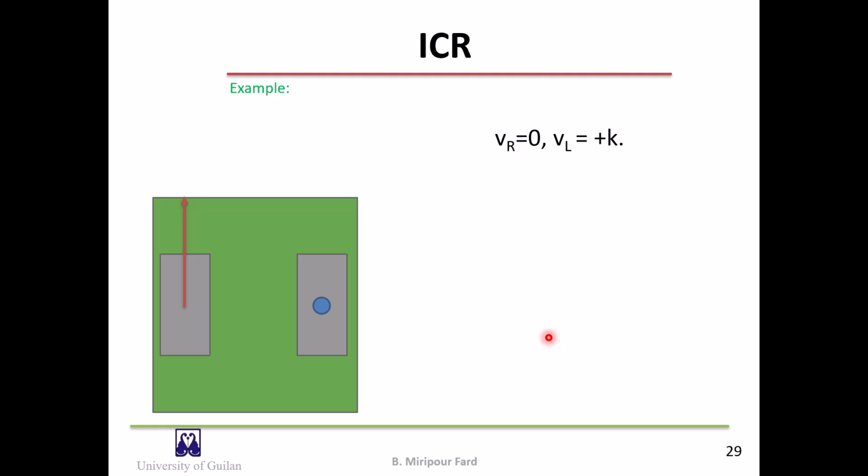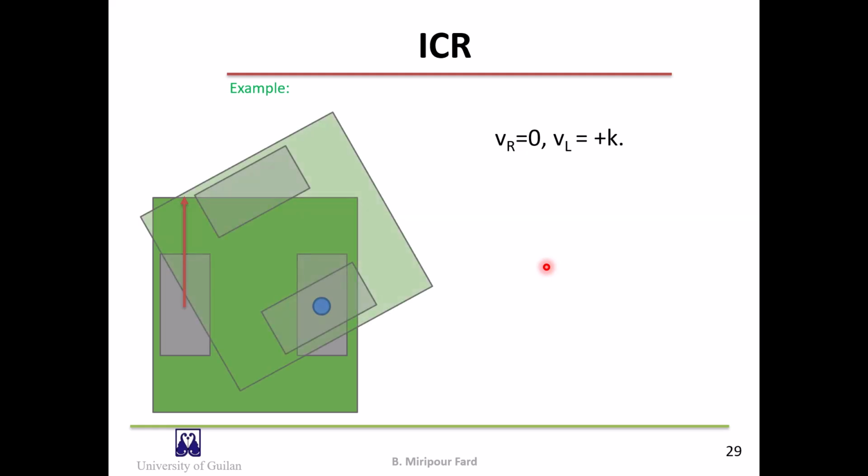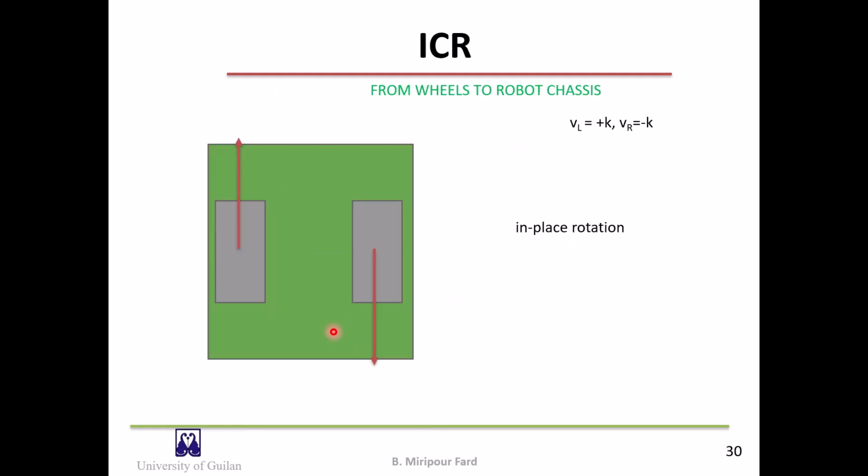Suppose in the case of a diff drive robot, the velocity of the right wheel is 0 and the velocity of the left wheel is constant k. In this case, the ICR and the ICC location will be the same, and they will not change over time. A clockwise rotation about the right wheel will be performed in this case.